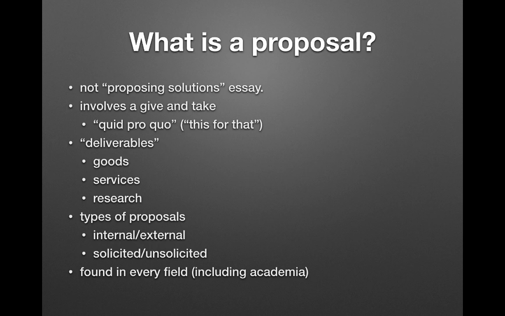External. So the money is coming from somewhere else, and we're going outside the organization. External proposals are used increasingly in different professions as a way to make up some shortfall in funding.